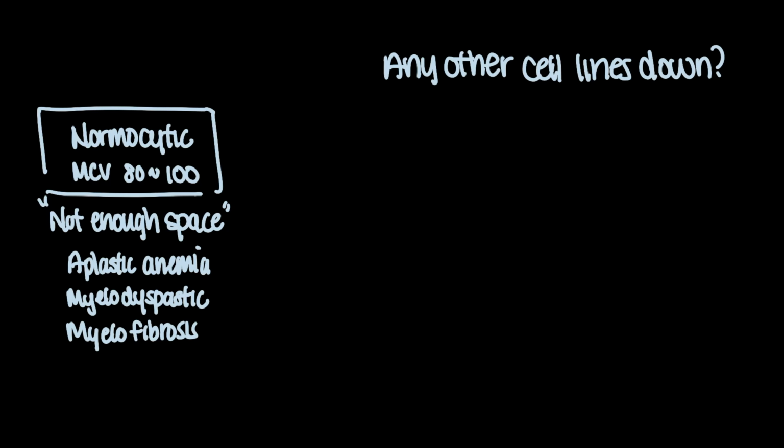And thus, the red blood cells being produced may be of normal size, but because the factory itself that's producing the red blood cells is constrained, the production rate is very low. But in any case, with all these different types of normocytic anemias, something that may be helpful to evaluate the difference between those is getting a bone marrow biopsy to really see what's going on there at the production site.